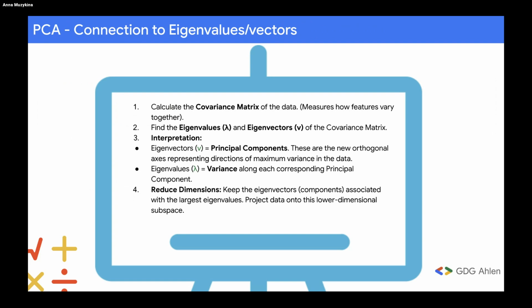You then transform your original data by projecting it onto this smaller set of k eigenvectors, effectively creating a new data set with only k dimensions that still captures the most significant variance patterns of the original data.